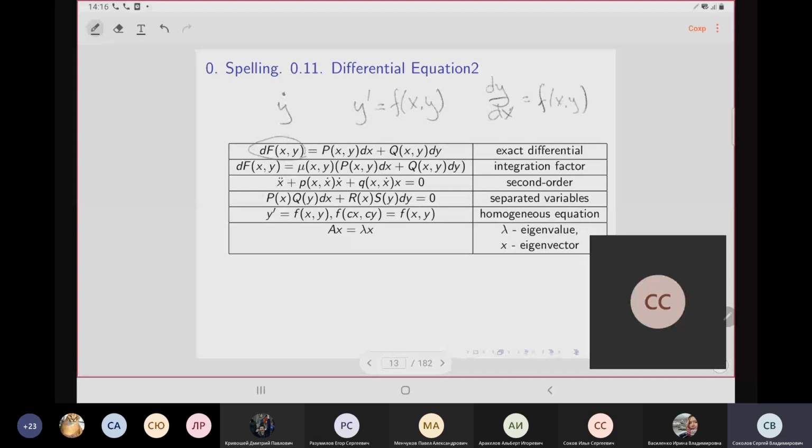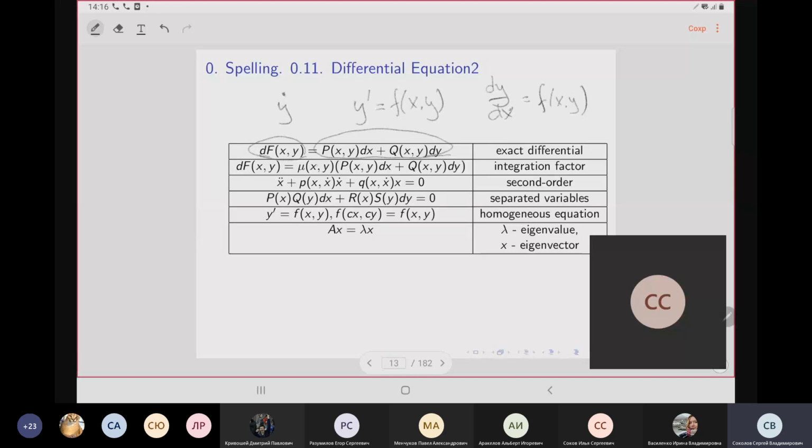Then we multiply by dx, and we get something like this. If there exists a function f such that df is P dx plus Q dy, then we call this function f an exact differential. Sometimes we use it for solving.